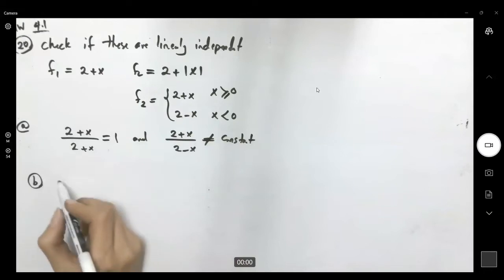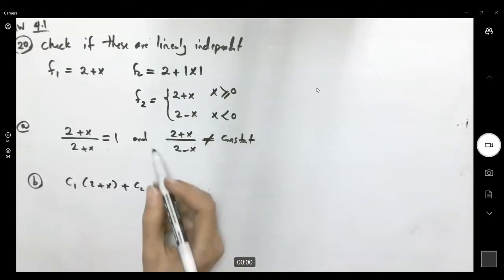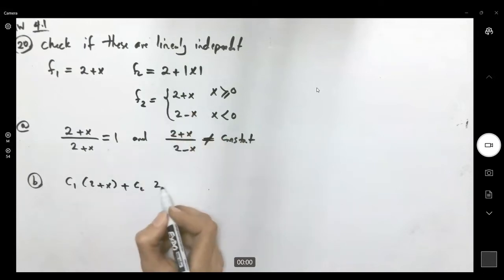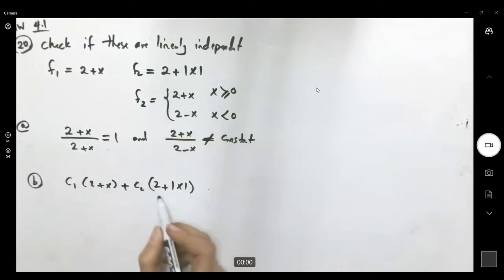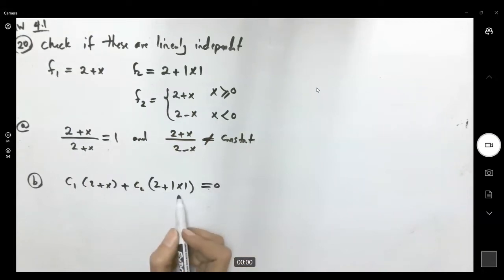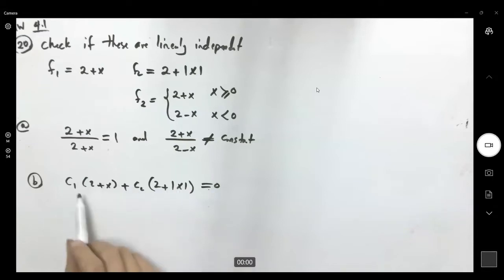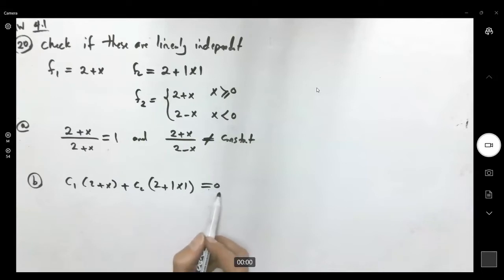Let us try to find C1 and C2. C1 times 2 plus x, plus C2 times f2, 2 plus absolute value of x. Again, this has two definitions, 2 minus x and 2 plus x. So obviously if you want to simplify this, we cannot just leave it as it is.